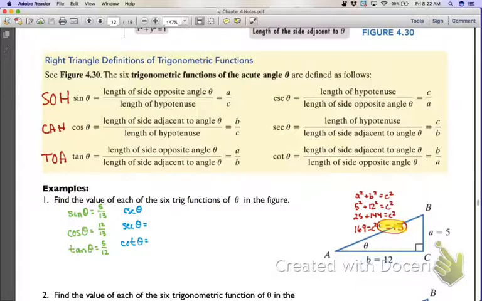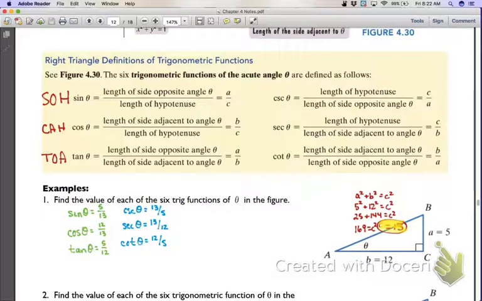All I have to do is take the reciprocal of the sister function. So if its sine is 5 over 13, then cosecant is just going to be 13 over 5. If cosine of theta is 12 over 13, then secant is 13 over 12. And then the same way with cotangent and tangent, I'm going to have 12 over 5.